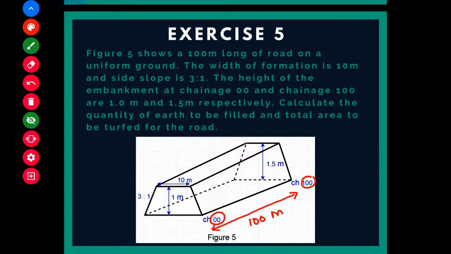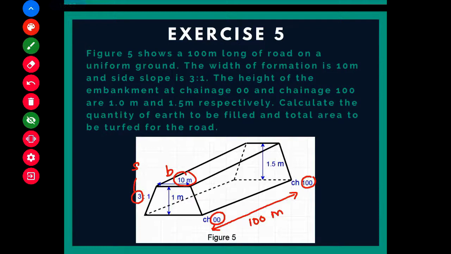On a uniform ground, the width of formation is 10 meter. So this is the width, or the symbol that we use is breadth B, and the side slope is 3:1. Right, so the 3 here is referring to the S. So the value of S equal to 3 for this question.